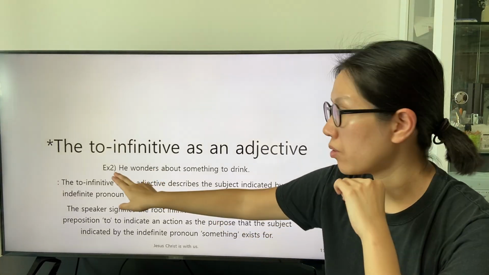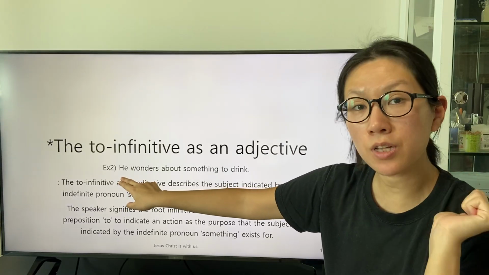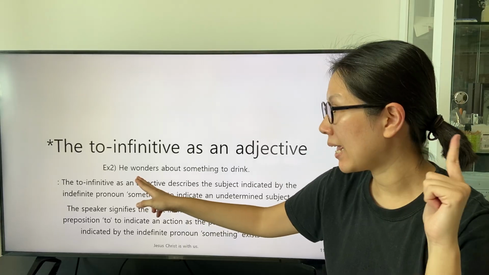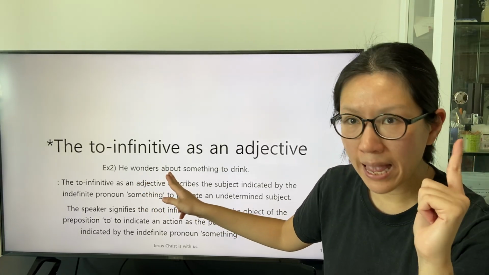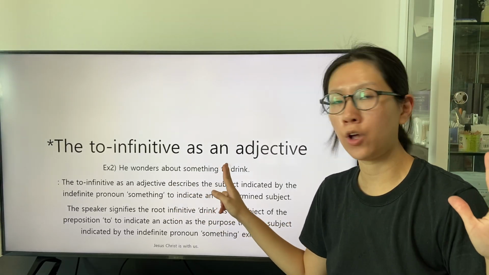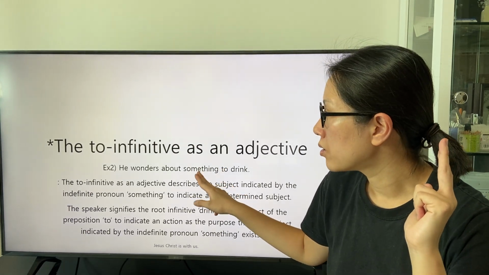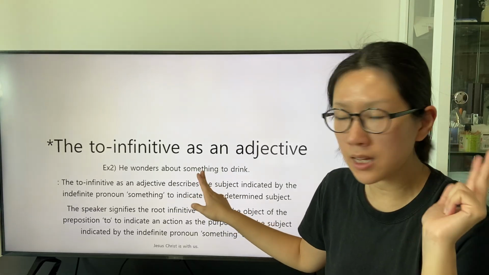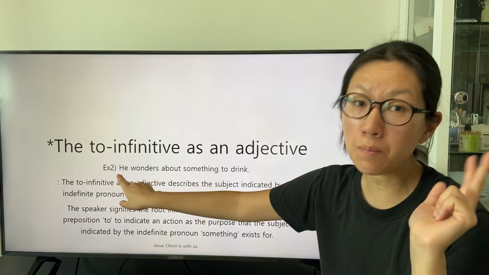We can say that the subject indicated by the personal pronoun he is the subject of the intransitive verb wonders, and the subject of the preposition about, and the indirect subject of the preposition to, because the subject of the preposition something receives the definition of the preposition about from the subject.